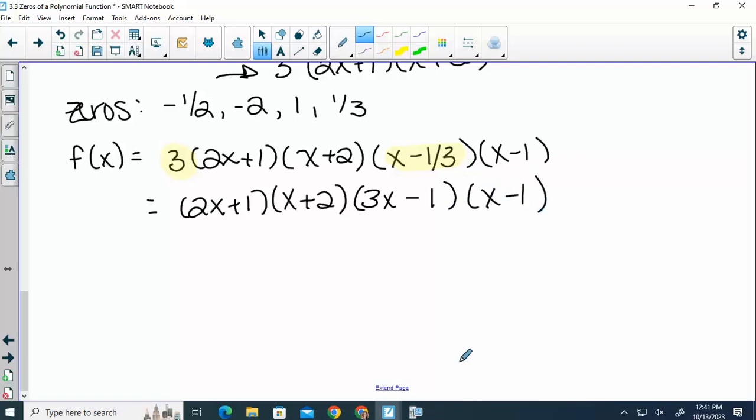If we had picked -2 for our 0, if we'd done the synthetic with the -2 instead of 1/3, we would have gotten an answer that looked like this at the end. Because we did the 1/3, the 3 was out in front, which isn't a big deal. It's equivalently the same, or you can multiply it through that parenthesis that had a fraction and just get rid of your fraction.